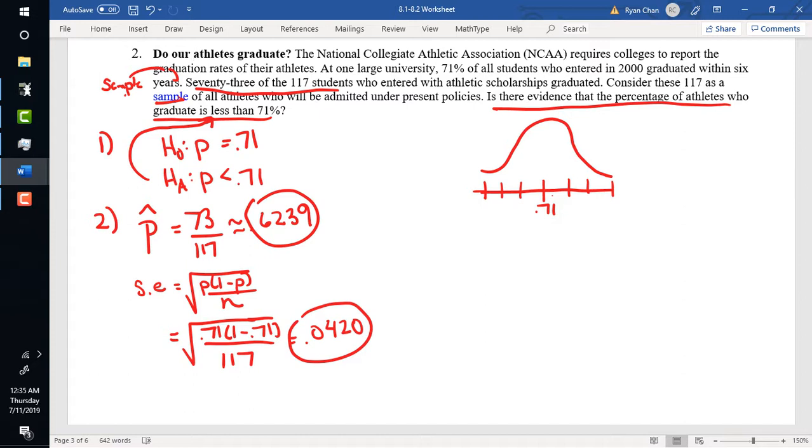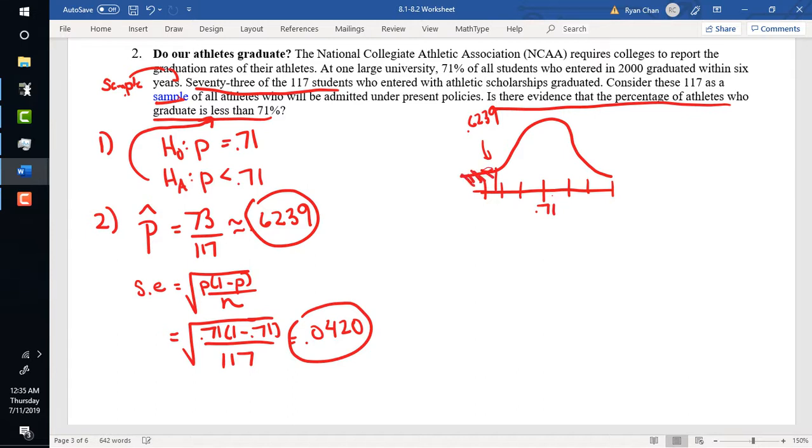So 0.6239, if you're going by 4.2% each time, let's see, that's like 0.67-ish, and that's like 0.62-ish. So actually, it's going to be a little bit below, and 0.6239 is here. And since we're going less than, we're going to go to the left.